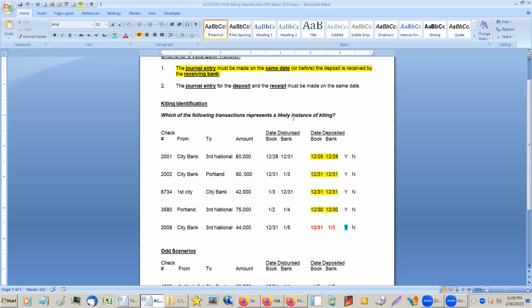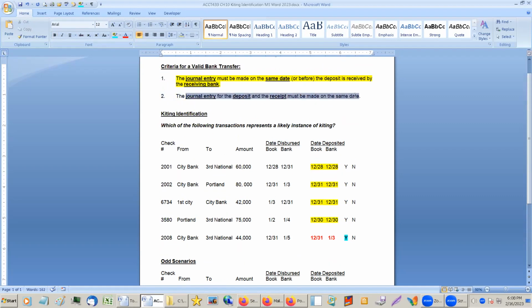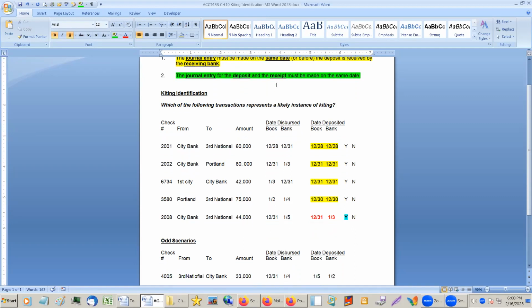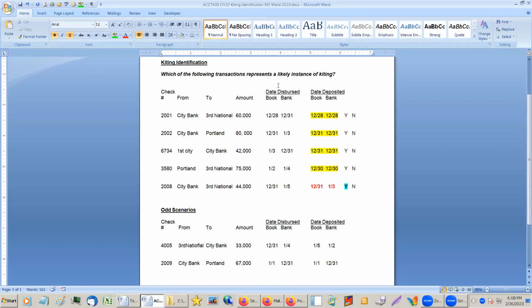All right, let's go to the second criteria. The journal entry for the receipt, the deposit and receipt must be made on the same date. Okay, so we're looking at the book amounts here.